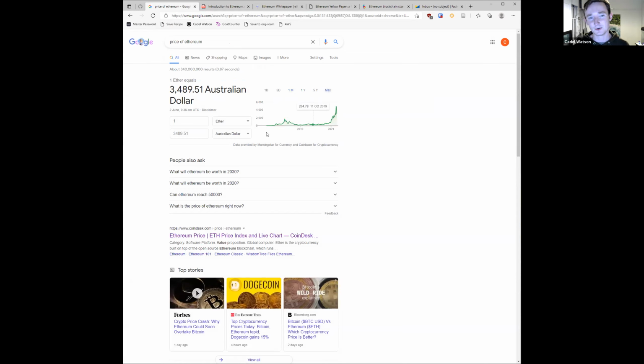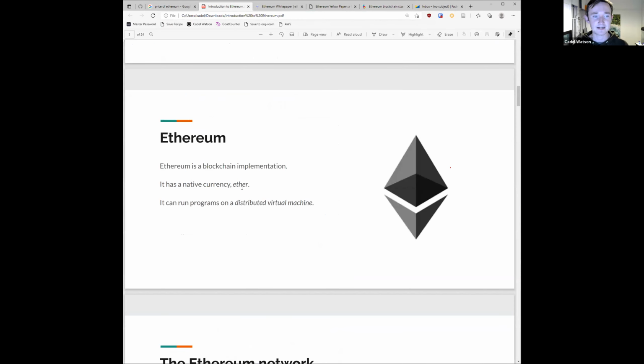So you can see this is also a super widely used coin and a very popular network. It's the second largest blockchain after Bitcoin. And it's the most widely used blockchain in terms of number of users. Bitcoin is more widely used in terms of the amount of money that's on it, or the amount of transactions. Ethereum is the most widely used by applications and smart contracts and things like that, which we'll talk about.